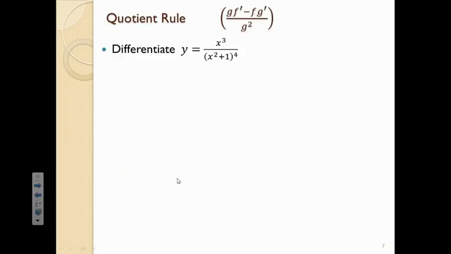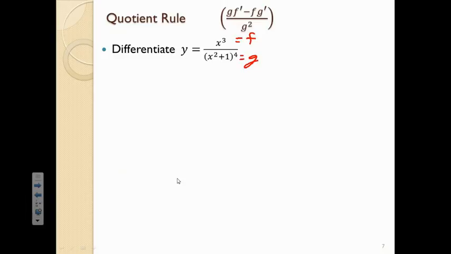Now, suppose that we wanted to find the derivative of this y function. Well, what we're going to need to do is, again, identify what our f and our g is. Now, that's pretty clear. Our f was always what was on top, and our g was what was on the bottom.